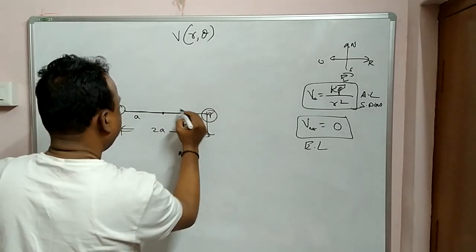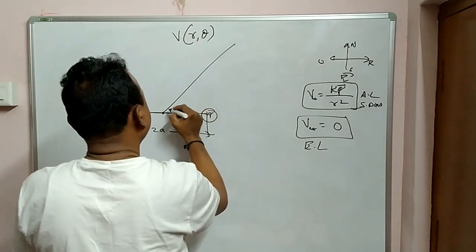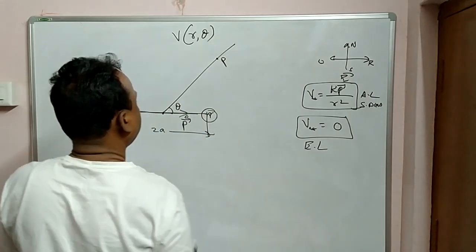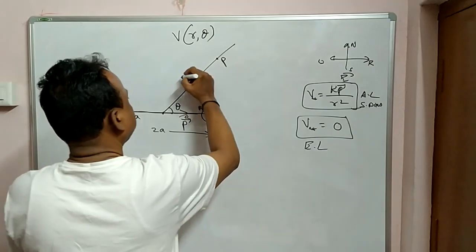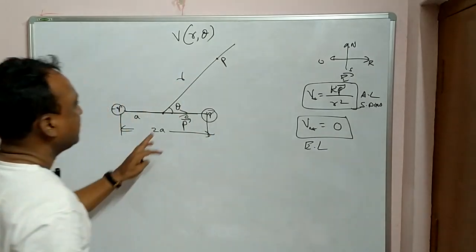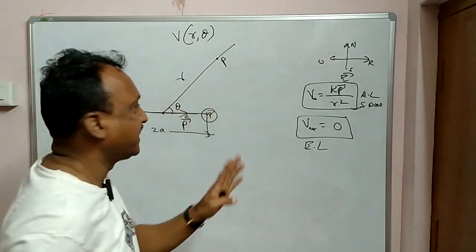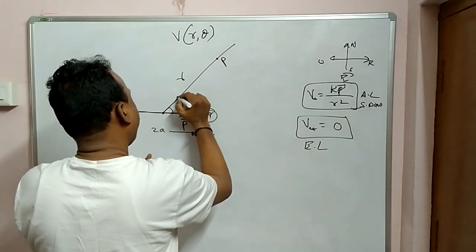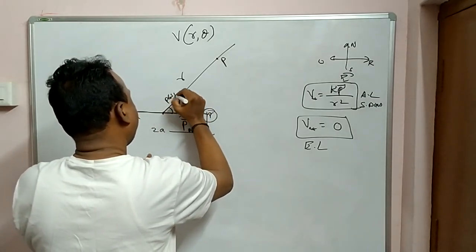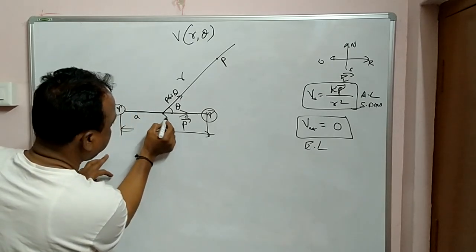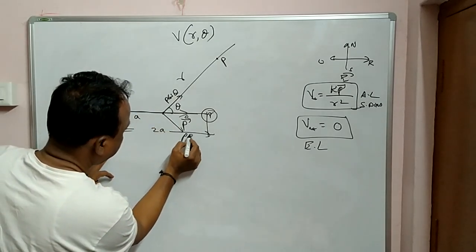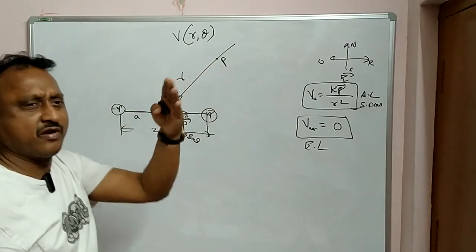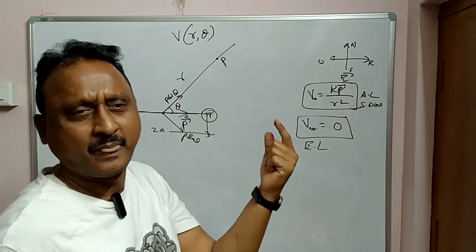Suppose at some angle you want, at some point P, at some distance R. In this case, you are already done for intensity. This is P, and the components are P cos theta in this direction, and P sin theta in this direction.